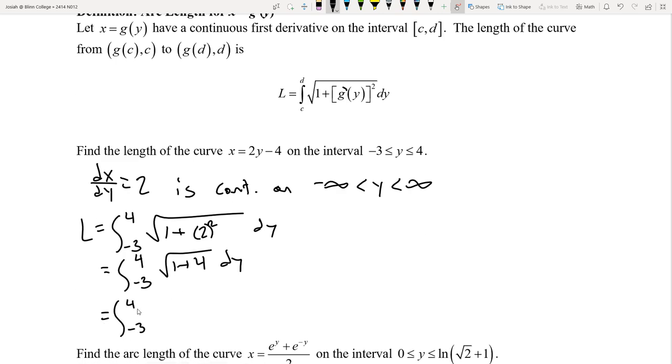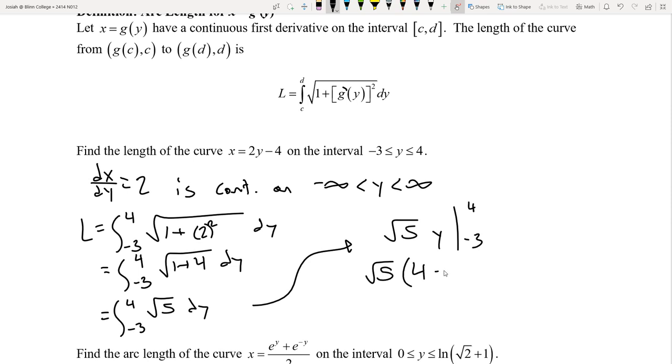Negative 3 to 4, root 5 dy. And we'll go ahead and evaluate now. Root 5 y evaluated from negative 3 to 4. So root 5, 4 minus negative 3. Root 5 times 7, which is going to give us 7 root 5 units.